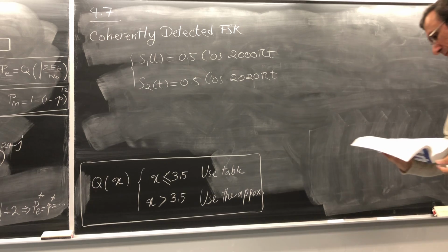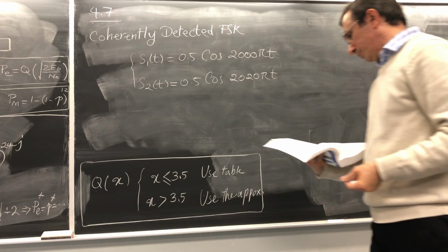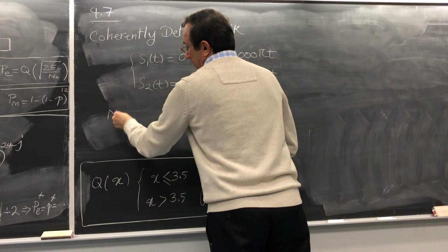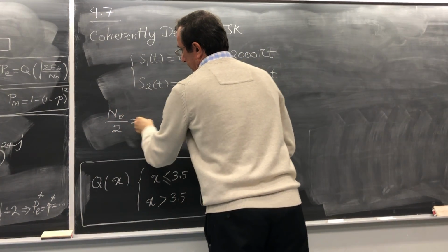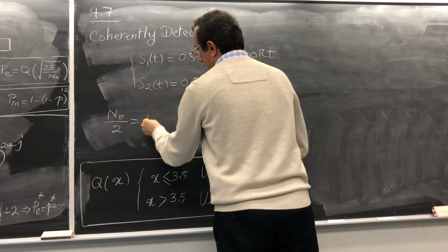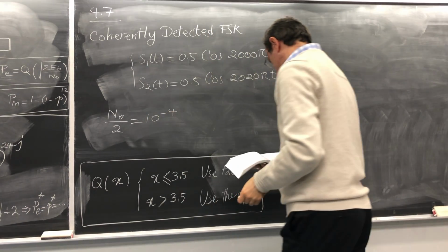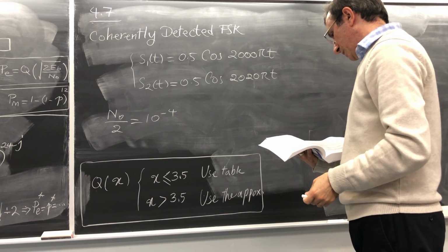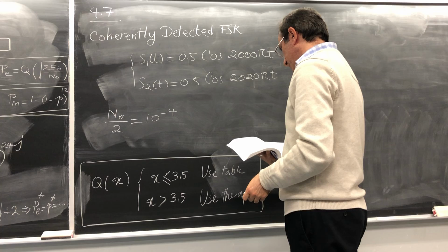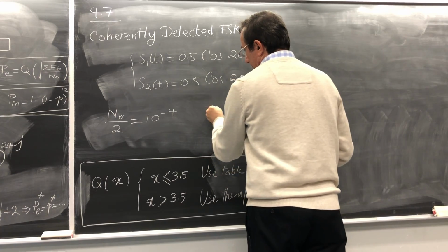And then the two-sided AWGN power spectral density N naught over 2 is equal to 10 to the negative 4. Assume that the symbol duration is 0.01 seconds.